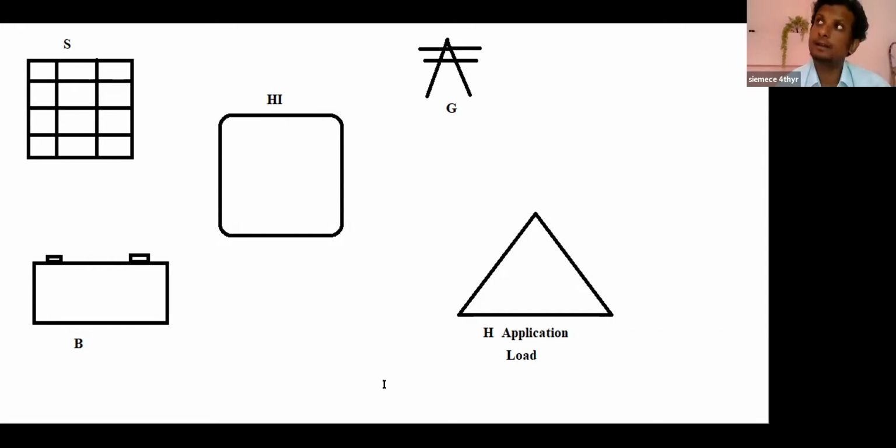That means it can be a fan, a mobile charger, a laptop, any light, or anything whatever we use in our home. Okay, so this is it.